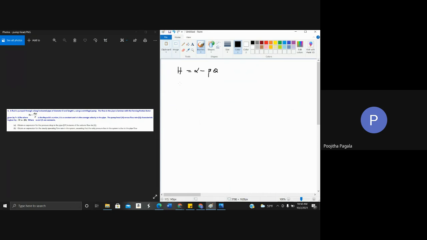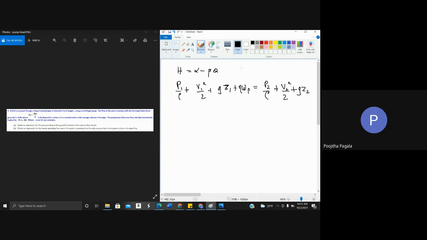So writing down the Bernoulli's equation, we have P1 by rho plus V1 square by 2 plus gZ1 plus WP or eta WP is equal to P2 by rho plus V2 square by 2 plus gZ2.